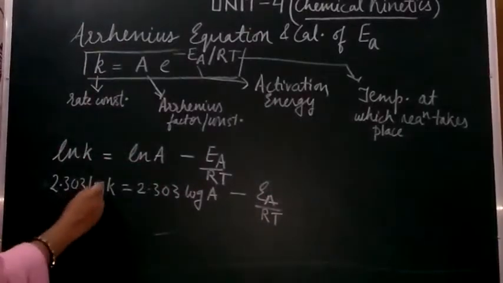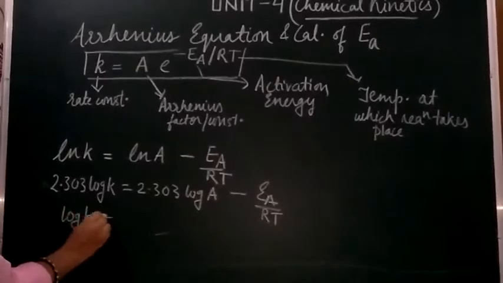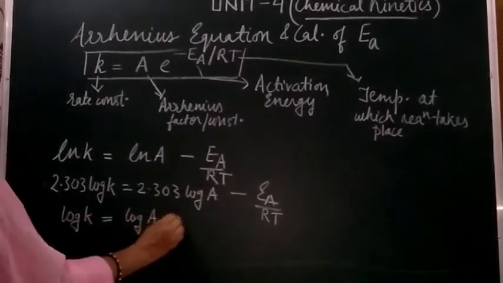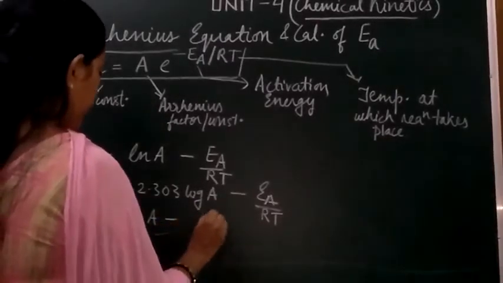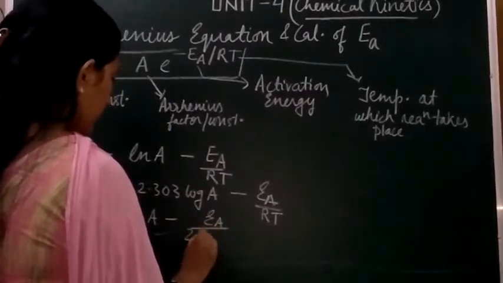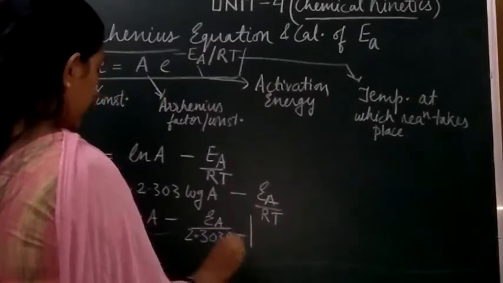Now we can write this expression in this form also: log k equals log A minus Ea upon 2.303 RT, right students?